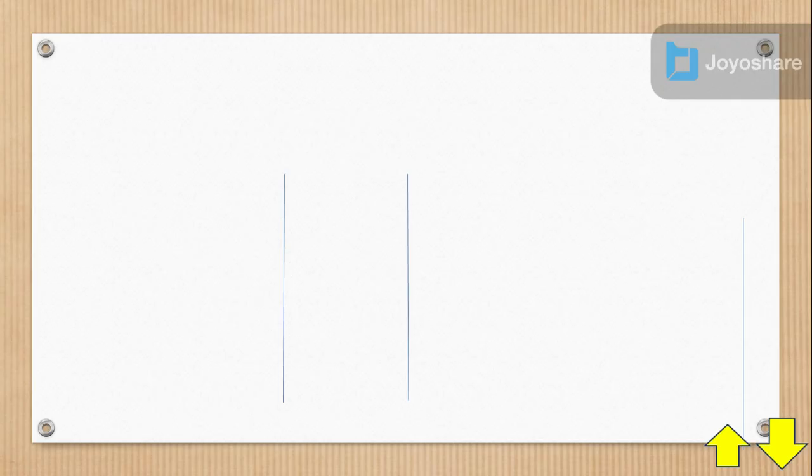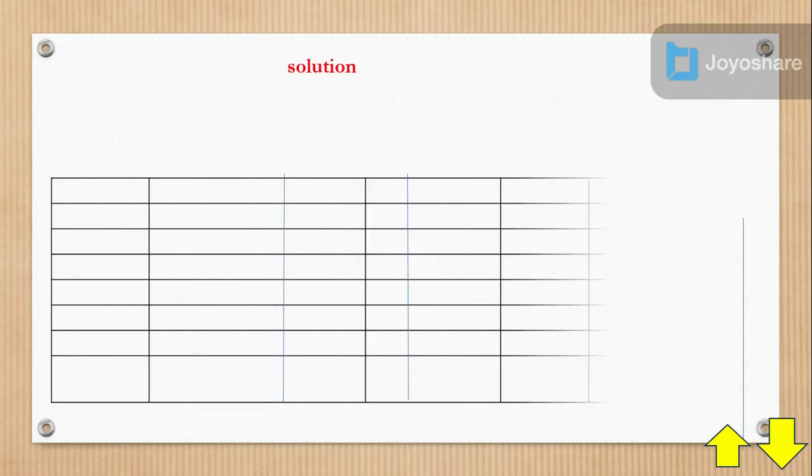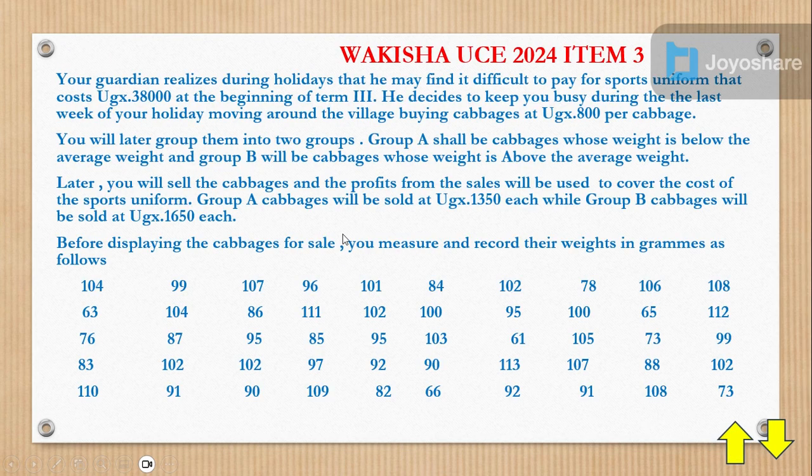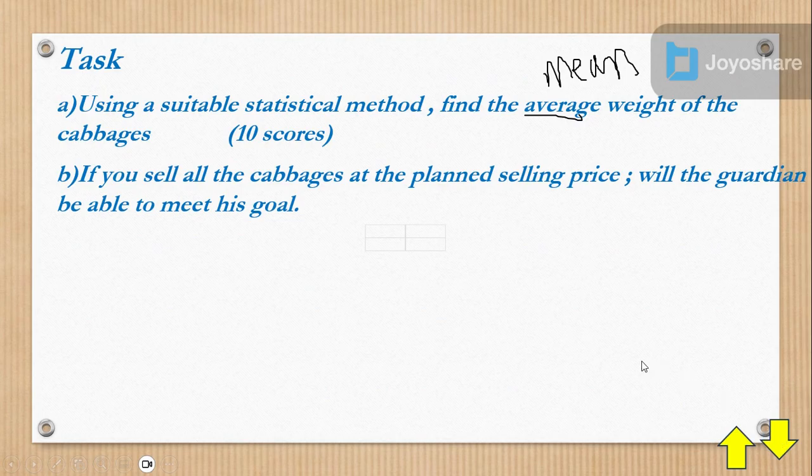Since this is statistics, we must draw a table in order to come up with those values. So in our solution, we shall get to see our table. Now remember when this person was recording the weights, so we proceed.